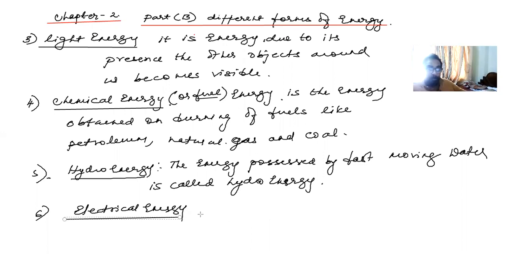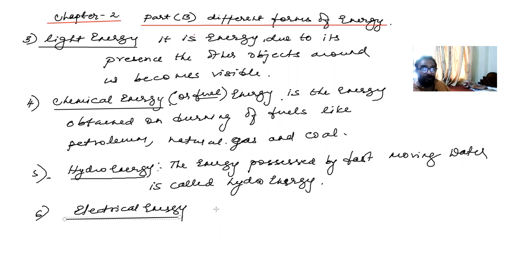When two dry bodies are rubbed against each other, there is a flow of electrons from one body to the other. The body which loses electrons, we say it is positively charged. The body which gains electrons, we say it is negatively charged.